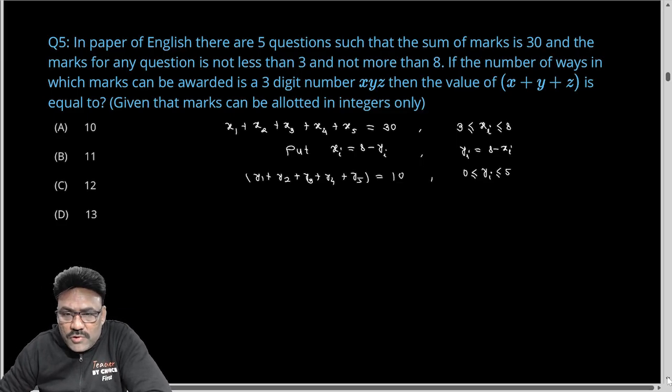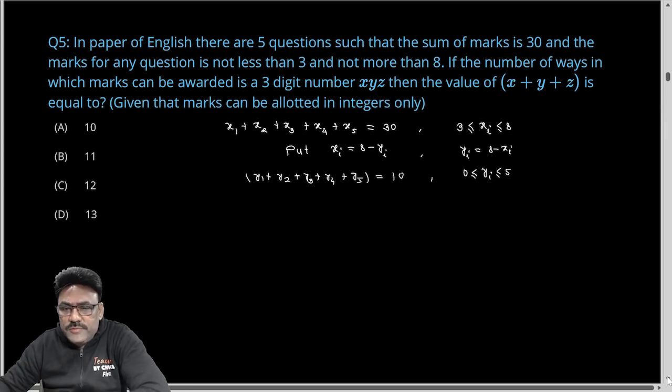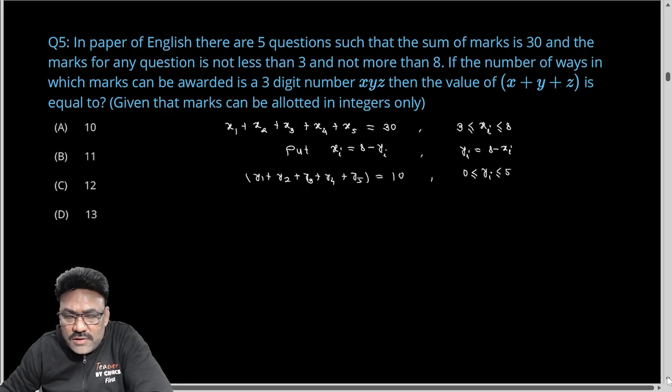So now let's write the number of non-negative integral solutions. You know that when n identical objects are distributed among r beggars so that any beggar can get any number of objects, the number of ways of distribution is n plus r minus 1 C r minus 1. Here 10 objects are distributed among these 5 persons without any restriction.